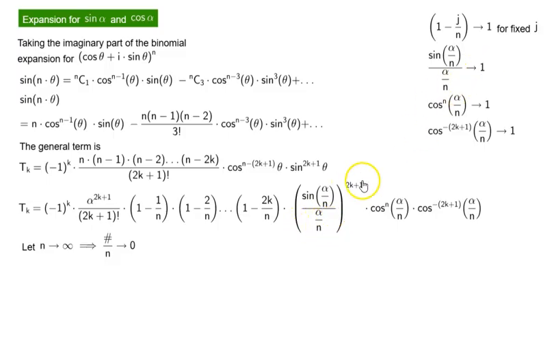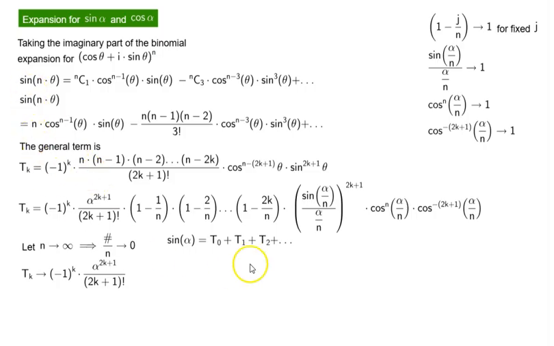That means 1 to the power of 2k plus 1 is also 1. Now cos alpha by n, since alpha by n goes to 0, cos 0 is 1 and 1 to the power of n is 1. And similarly, cos to the power of minus (2k plus 1) of alpha by n goes to 1. So what we are left with is t sub k going to minus 1 to the power of k times alpha to the power of 2k plus 1 divided by (2k plus 1) factorial.